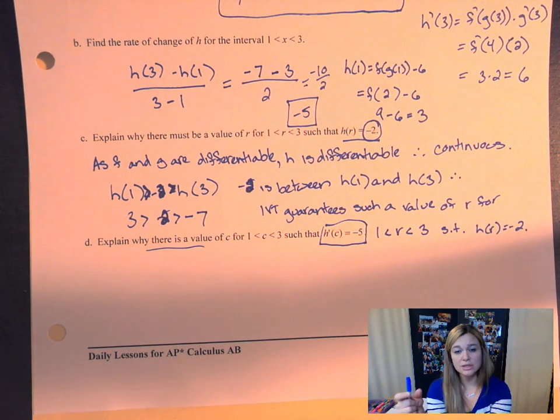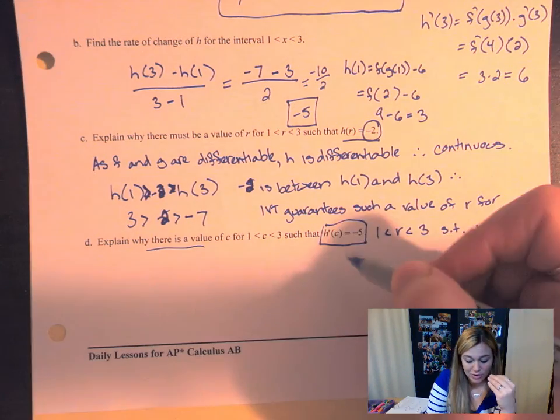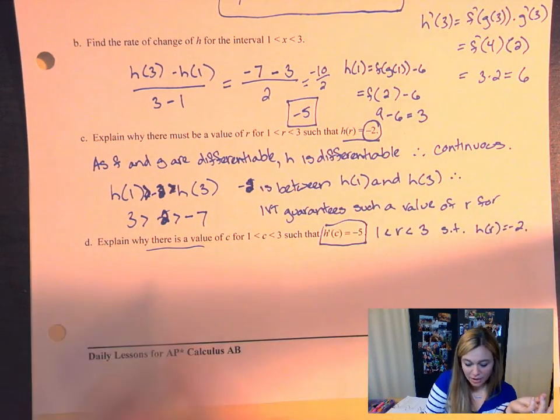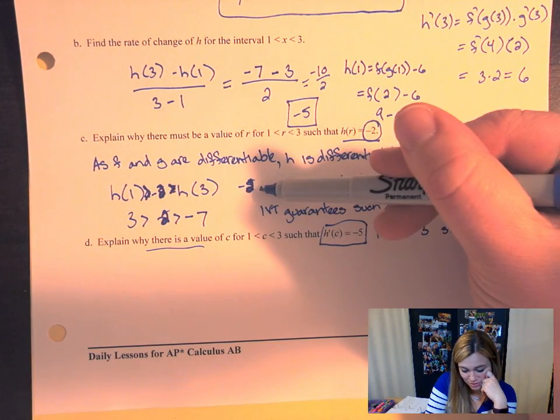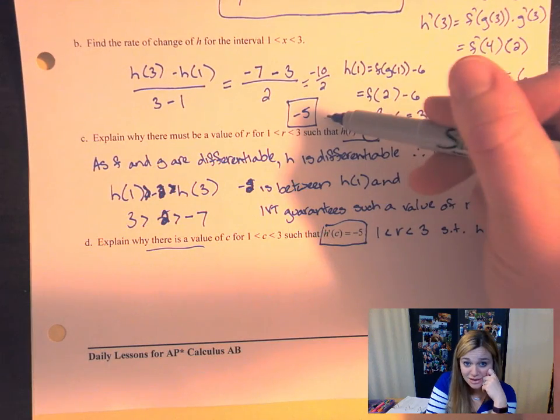For Rolle's, you can only have h prime equal to 0. For MVT, there's a little bit more leeway. And I can see right here, negative 5, where did I see that before? Well, I wrote it incorrectly here because I saw it here.